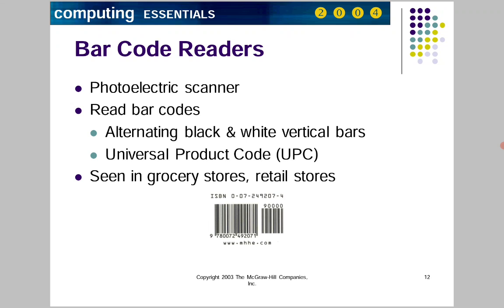So barcode readers are devices used to read these barcodes. A barcode reader is an electronic device. Generally these barcodes are read with photoelectric scanners. These barcodes are black and white vertical bars with different sizes, and universal product codes are used for developing these barcodes.